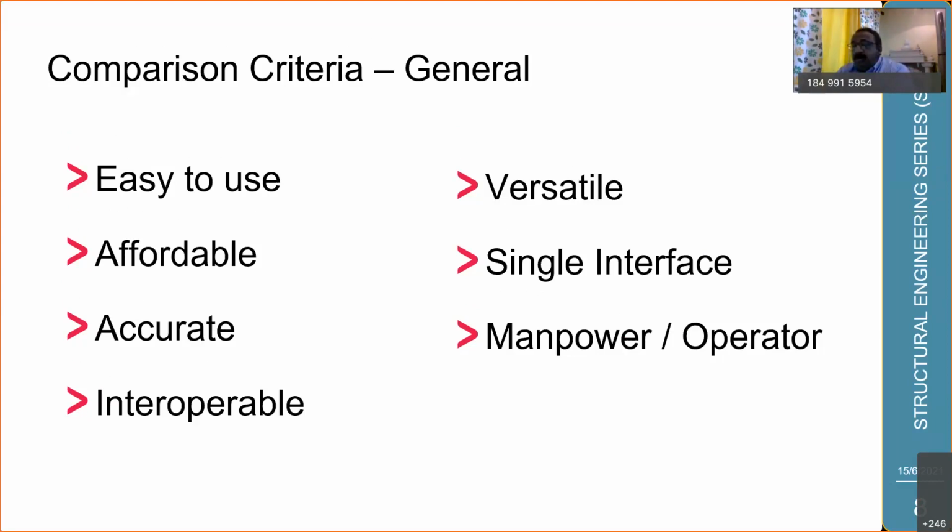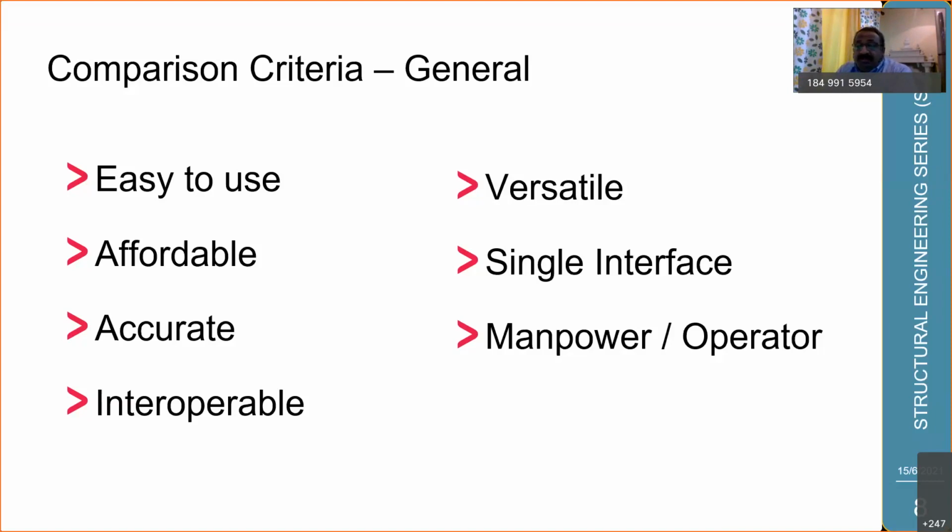That means a reliable tool, good in quality and performance. And nowadays we get the software verification examples also, which will support our decision making. And interoperable, that means ability to communicate with other software tools, and various file formats are there.